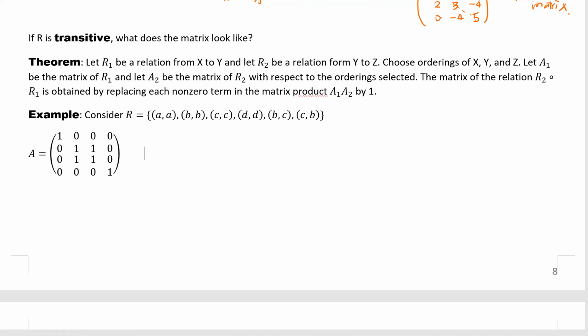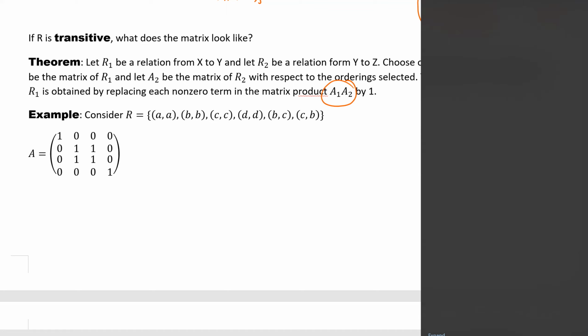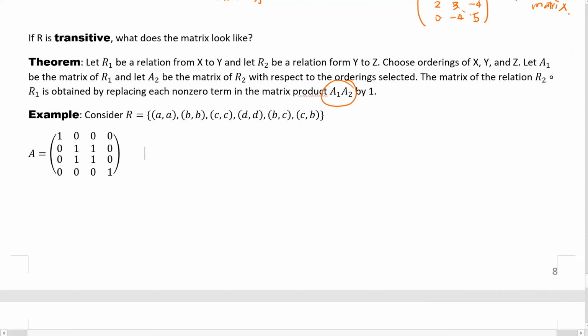So you can see composition of relations actually corresponds to matrix products. But the entries of the matrix product might not be only 0 and 1; they could be other numbers. What we do is replace the non-zero numbers by 1, and then that matrix is the relation matrix of the composite relation R2 composite R1.